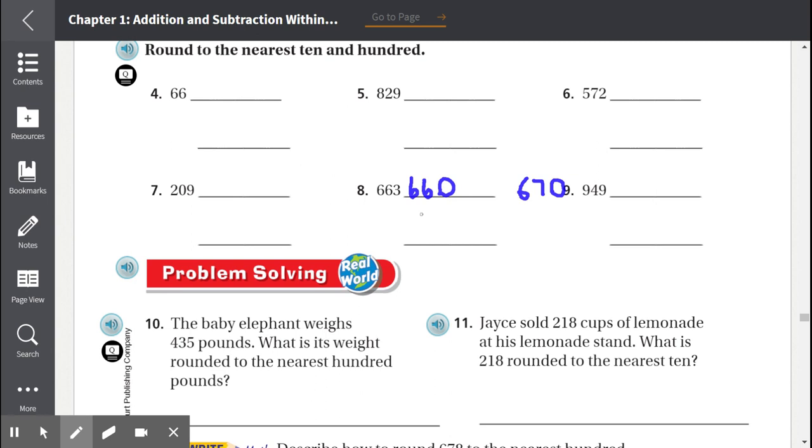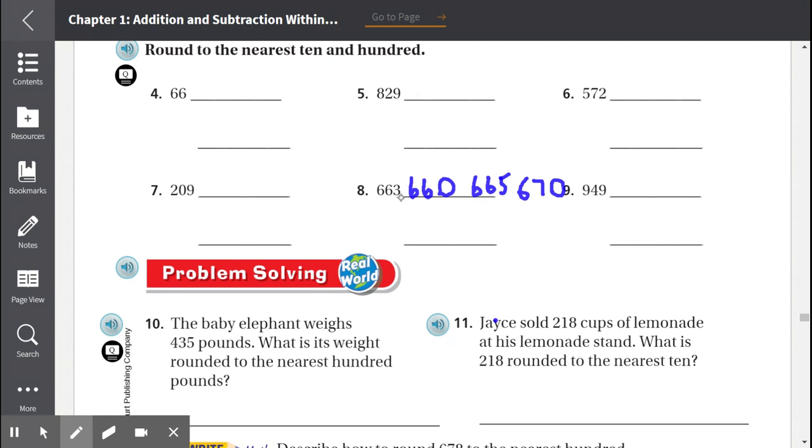Now, which number is 663 closest to? Let's find a number that's between 660 and 670. The number that's right in the middle of 660 and 670 is 665.